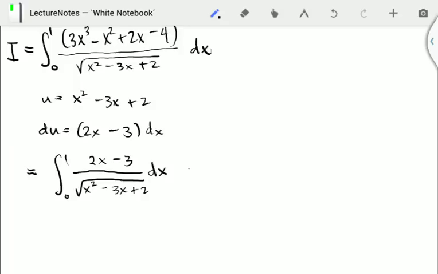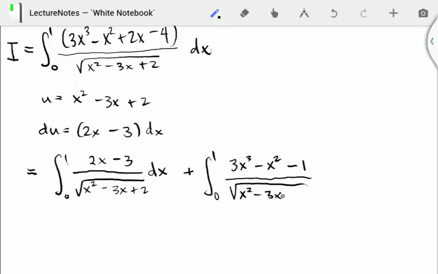But of course, you still have a remaining formidable integral, which is that of 3x cubed minus x squared, and of course you have a minus 3 here, you have minus 4 there. Since you separated minus 3, you are left here with minus 1 times the square root of x squared minus 3x plus 2 dx. Okay, so the first term here will be trivial after we do a substitution.